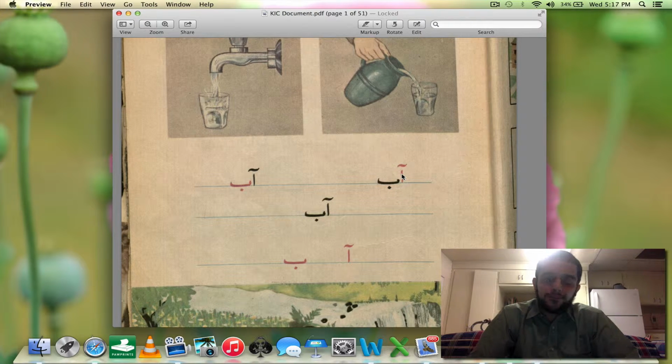You capitalize the first letter of each word, and if that letter is in the middle part of the word or in the end of the word, it has a different form. So A1 is just A capitalized, this is B2, and this is in the middle, this is at the very end.